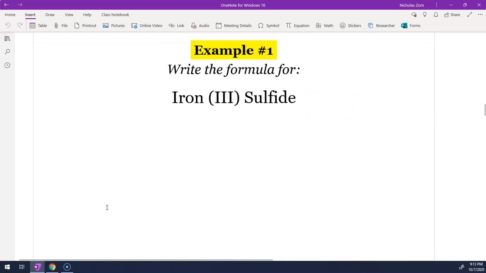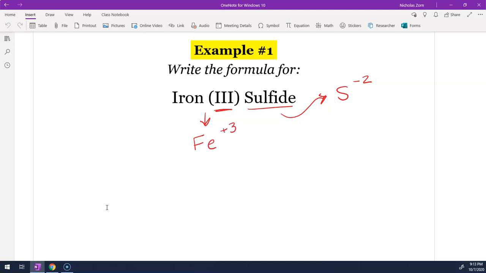All right, let's look at an example. So our first example is iron 3 sulfide. Sulfide is sulfur, and sulfur has a charge of -2. We know from the 3 here that this is going to be iron, and it's going to have a charge of +3.